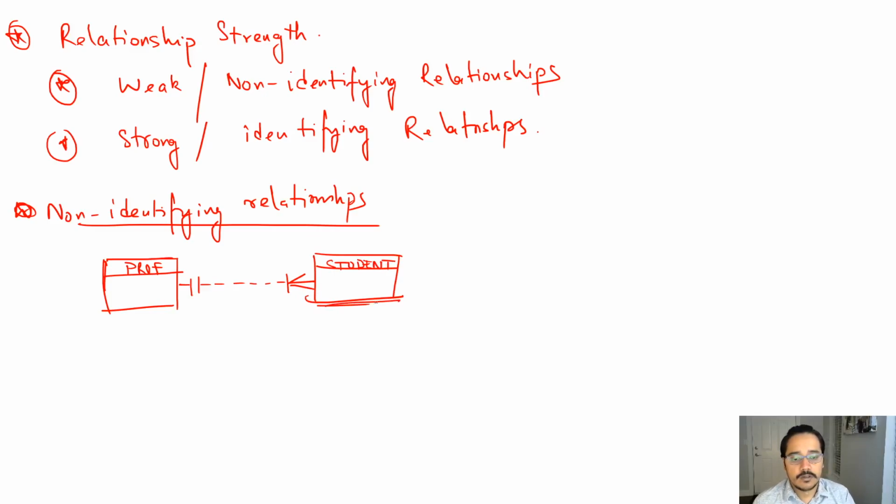So now, of course, this dotted line now stands for non-identifying relationship, and the concept behind non-identifying relationship is that in a relationship like this, and you will always read the relationship from left to right, not the other way around. Okay. So that means in such a relationship, this entity is known as the parent entity, and this entity is known as the child entity.